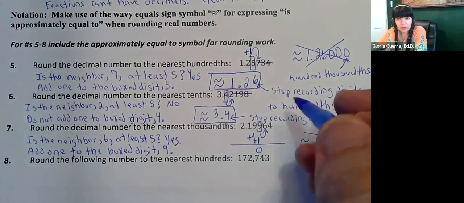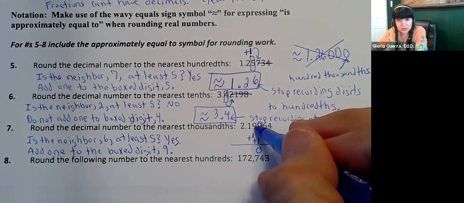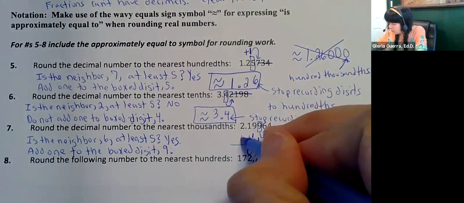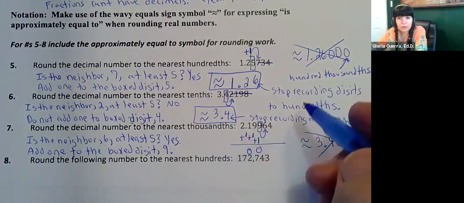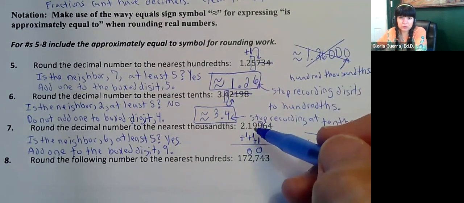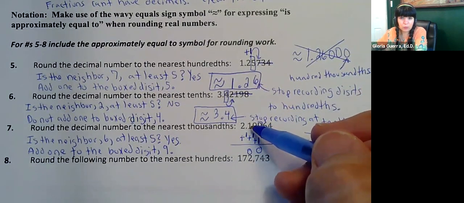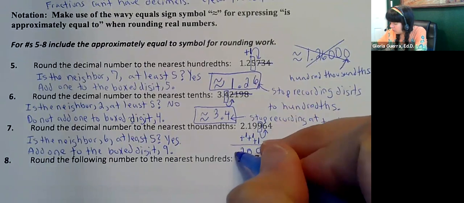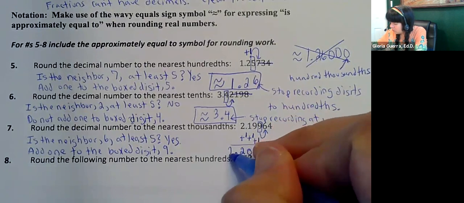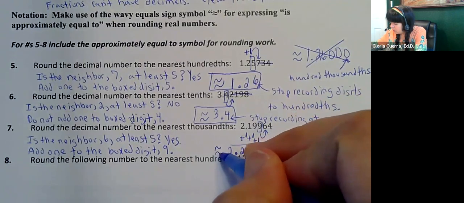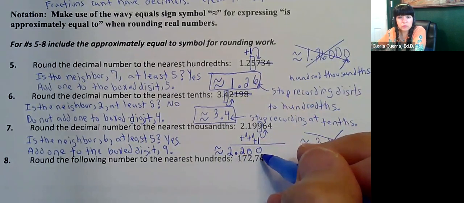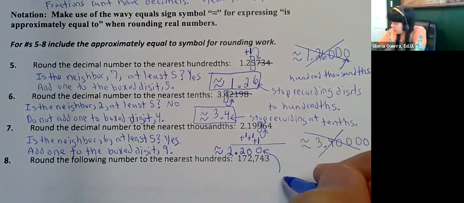So 9 plus 1 is 10, and you do another set of carrying. But that's where the carrying stops, because there are no more 9s. Now this is a 1, and 1 plus 1 is 2. Then you have your decimal point, and then you have your approximately equal to. So this is approximately 2.200. This is tens, hundreds, thousands.